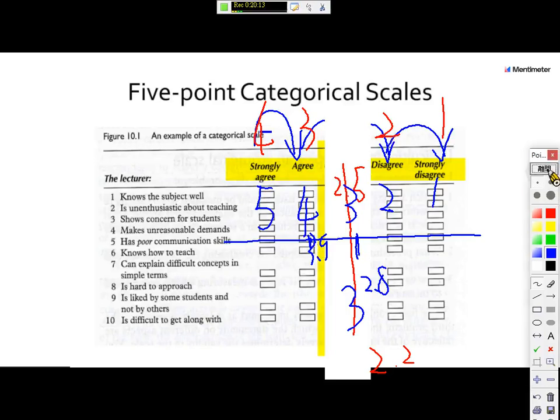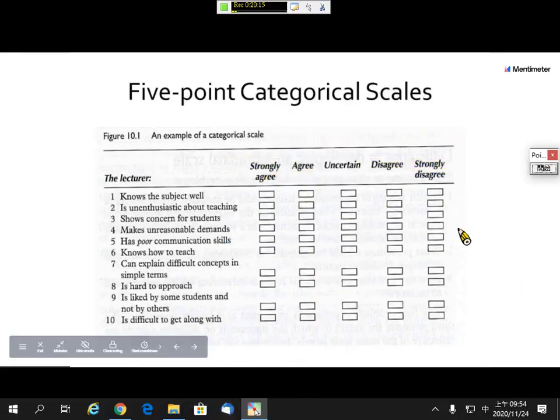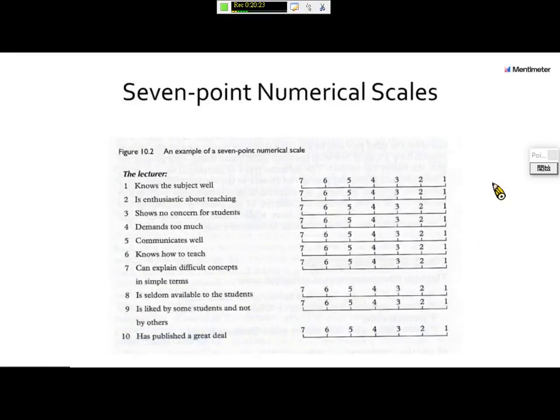And then there's another question. Some scholars prefer to use 5 scales. Some others may prefer to use 7 scales. According to statistical analysis, could you imagine what would be the differences between these 2 scales?